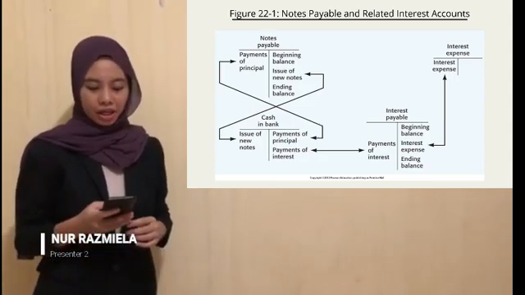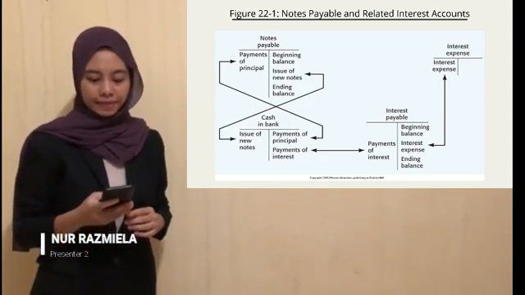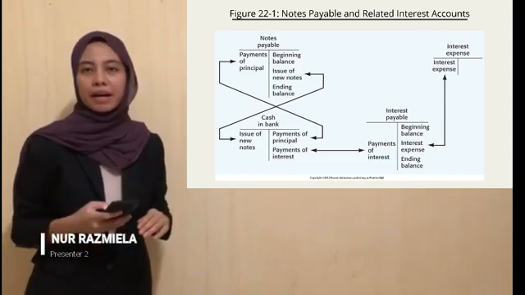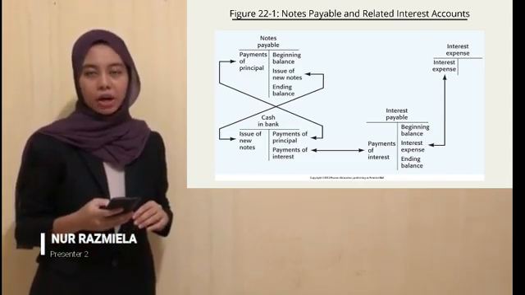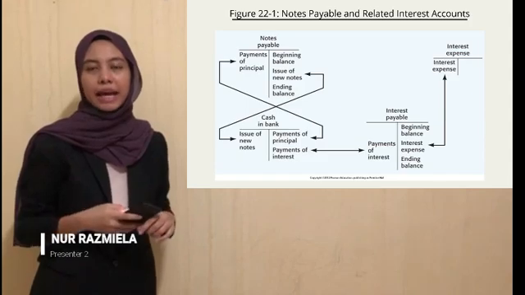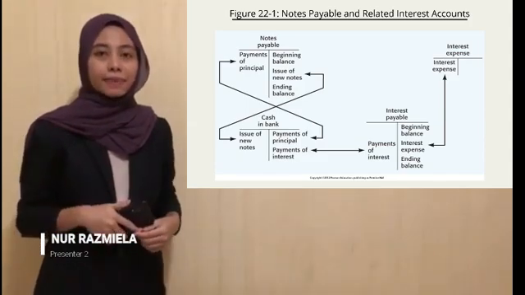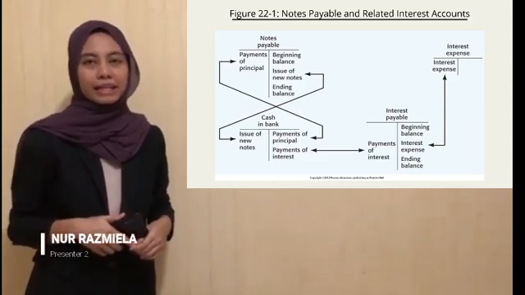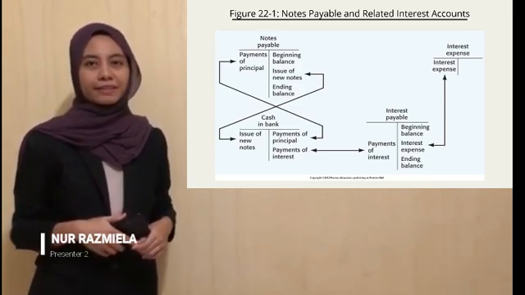Usually, auditors will include tests of principal and interest payments as part of auditing the acquisition and payment cycle. It is because the payments are recorded in the cash disbursements journal.